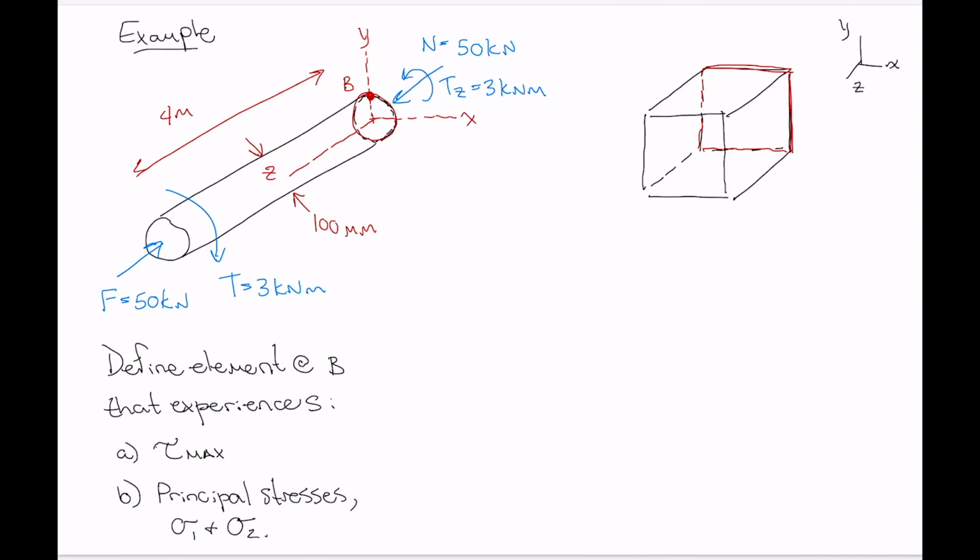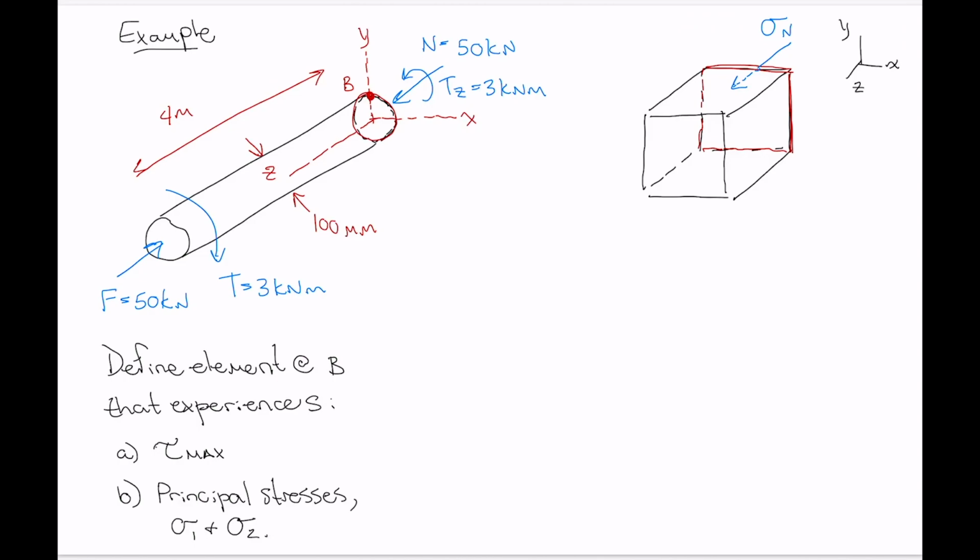Okay, so looking at our internal forces, we've got a compressive normal force, so that's going to apply compressive normal stress here. So this is sigma subscript n. And then we've got what? The shear stress resulting from a torque.